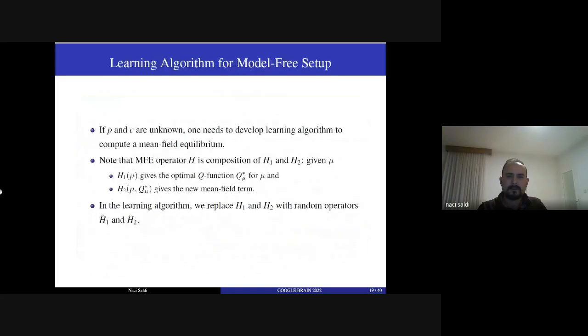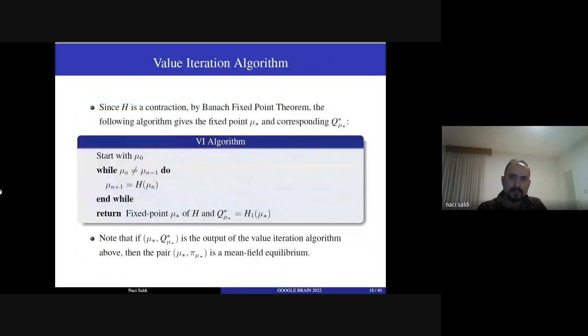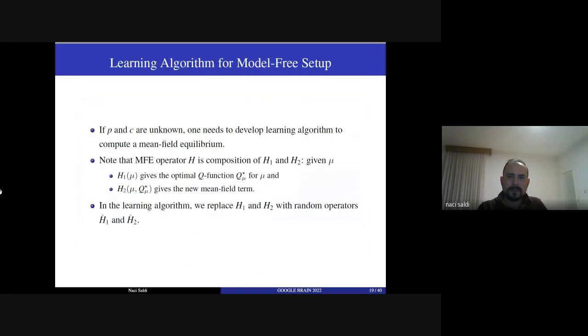So this is the algorithm that we have when we have the model. If we don't have the model, then we have to develop a learning algorithm. In our mean field equilibrium operator H, we have two parts, H1 and H2.